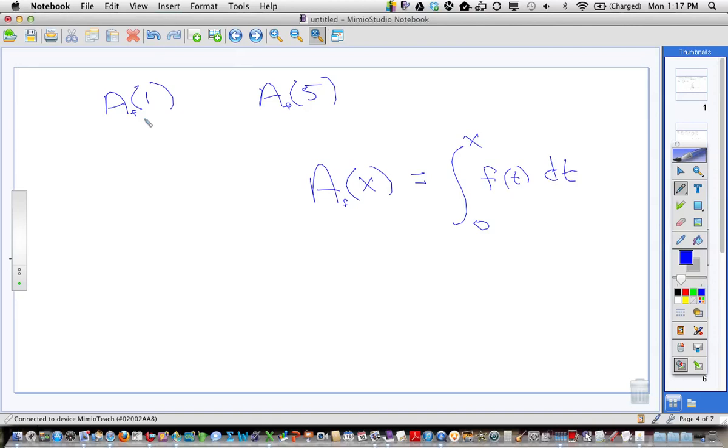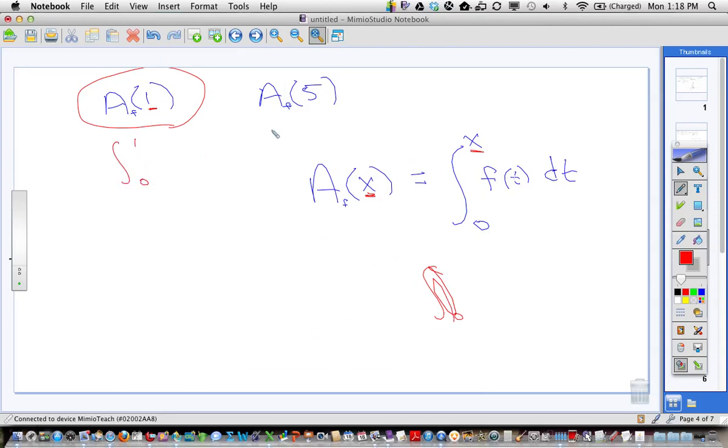Now, let's talk about in terms of area. What's A of 1 mean when it comes to area? This is the part that not everybody saw earlier, and I'm hoping you are now seeing. A of 1 means put a 1 into the A graph for x. That means right here, which means right there. A of 1 means the area from 0 to 1.